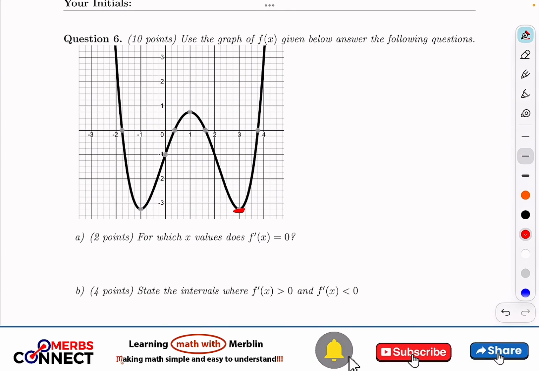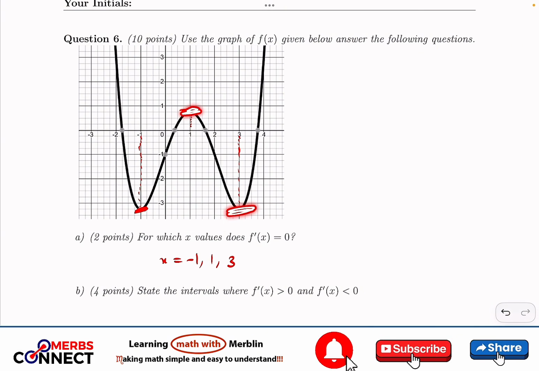So it can be here at the turning point, here too at the turning point, and here too. So the x values are x is equal to minus 1, 1, and 3. Good, very simple. So turning point, turning point, turning point.